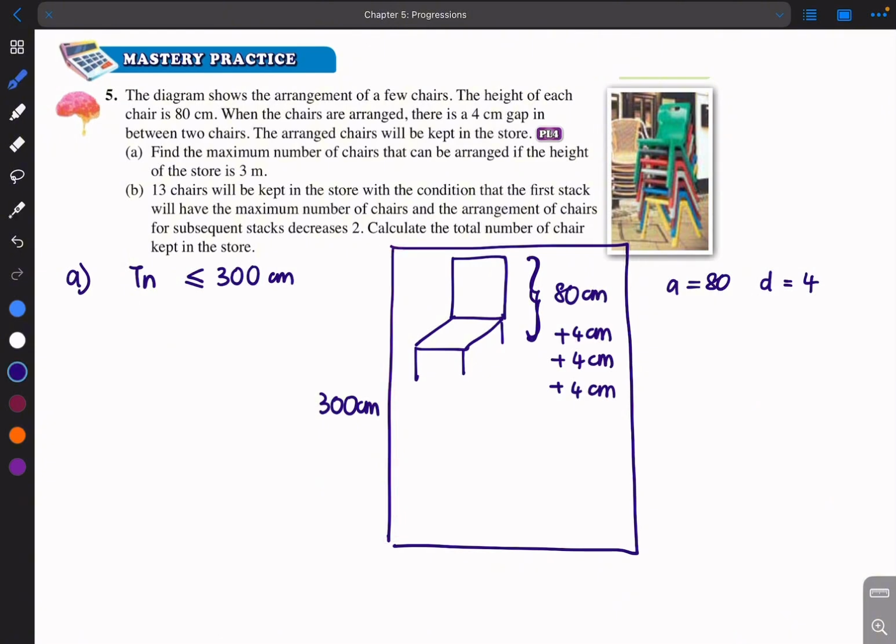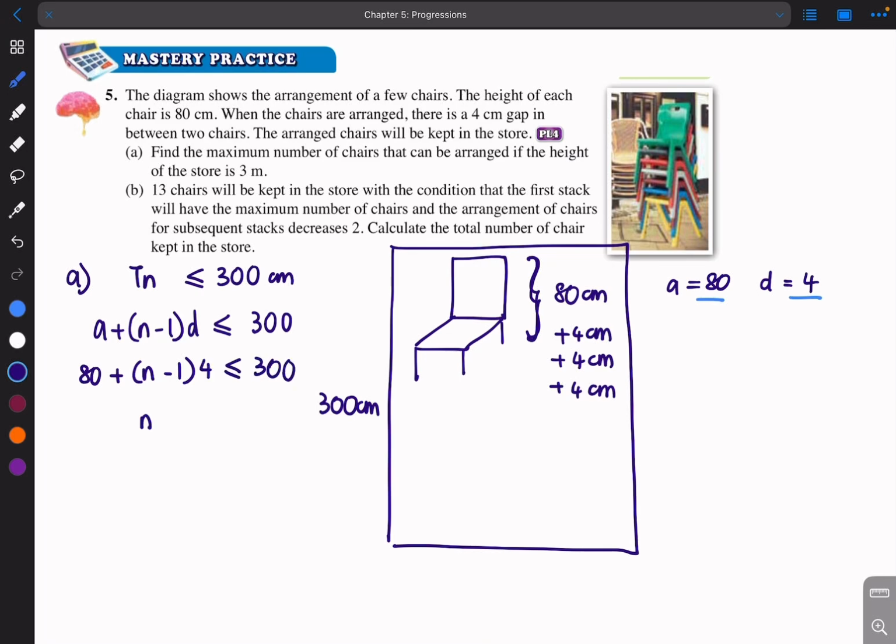Right. So Tn would be a plus n minus 1 d, less than or equal to 300. We know the values of a and d, 80 and 4, so we can substitute that in here. d is 4. Okay.